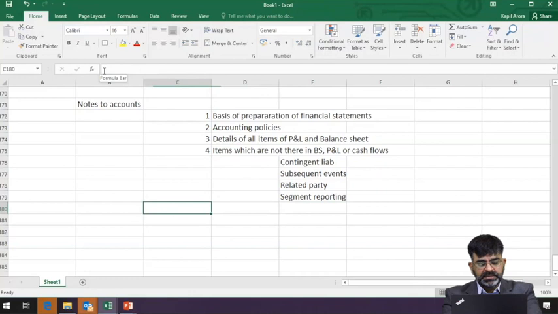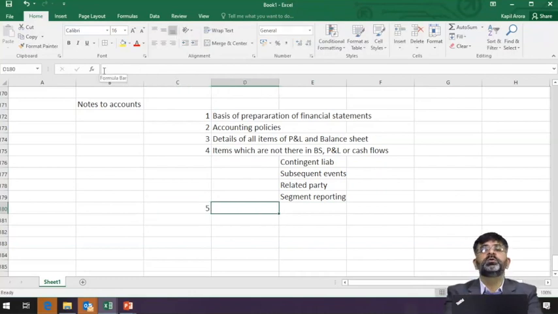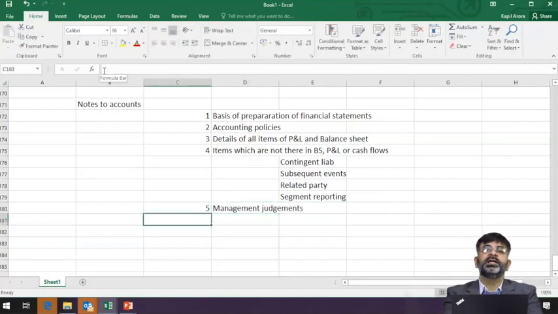The fifth one in the flow would be all the management judgments. Any judgment or any call management has taken or any estimates management has made, all those management judgments need to be explained.